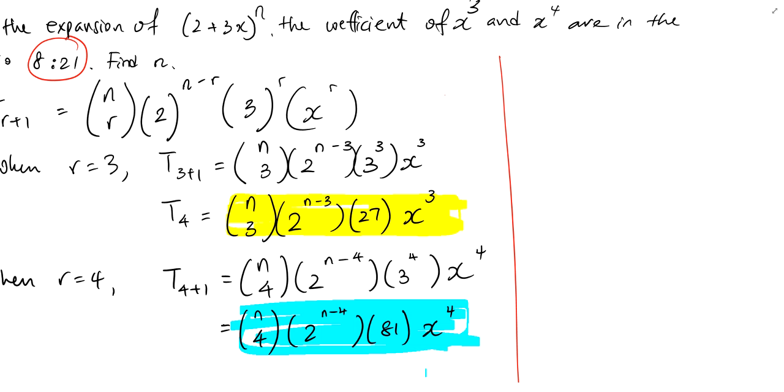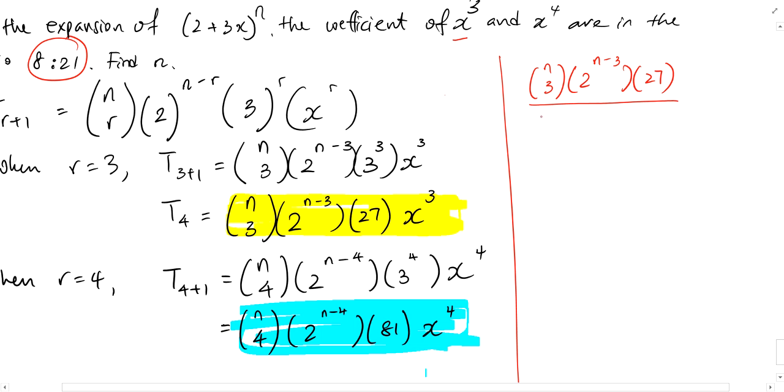I follow the question. Coefficient of x cubed, so that will be n choose 3, 2 to the power of n minus 3 times 27, and x to the power 4, so I divide by the coefficient of x to the power 4, which is n choose 4, 2 to the power of n minus 4 times 81.